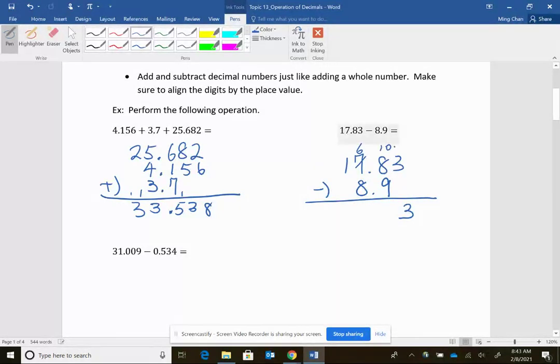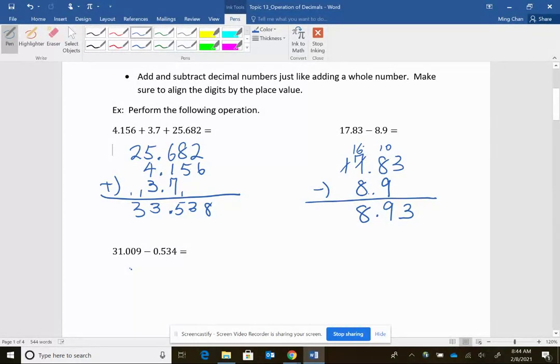When it borrows, 10 minus 9 is 1, and 1 plus 8 is 9. Or some people will say this is 18 minus 9 is 9. Either way. All right, 6 has to borrow from 1, so this is going to be 16, or I will say 10 minus 8 plus 6 will be 8 again. Or 16 minus 8, same thing, is 8.